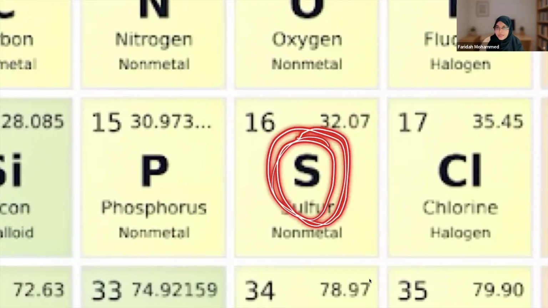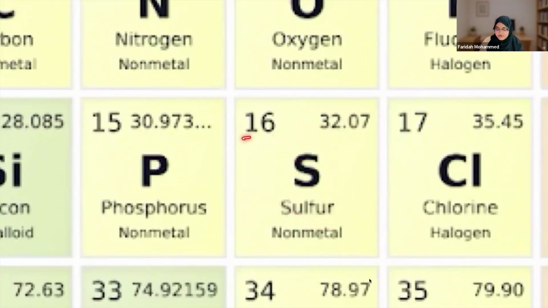In this element, you're gonna see two numbers. The position of the numbers might vary. In some periodic tables, you're gonna see up and down, left and right, so it doesn't matter where the positions are. What matters is one is gonna be a smaller number than the other.